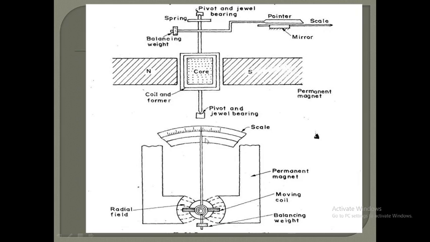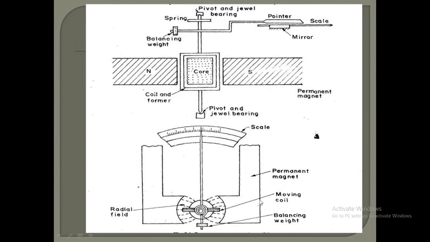When TD and TC get balanced, the pointer occupies a desired position and you can note down the reading of that current. Here theta is directly proportional to I, so the scale is uniform.